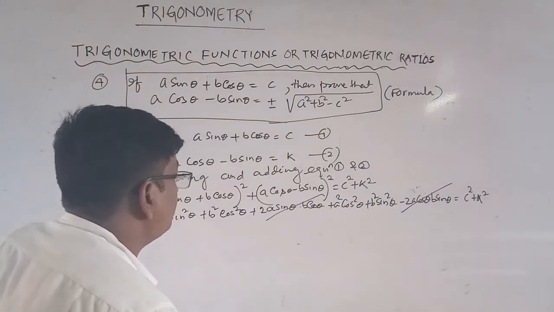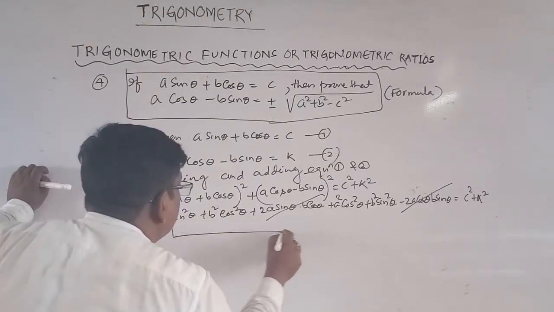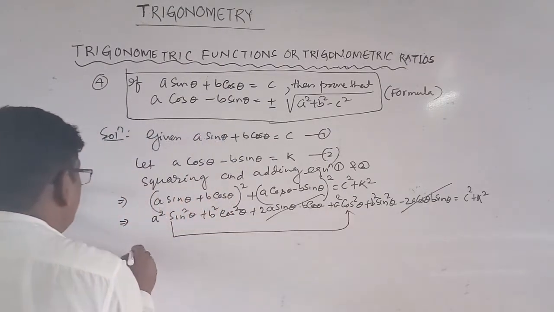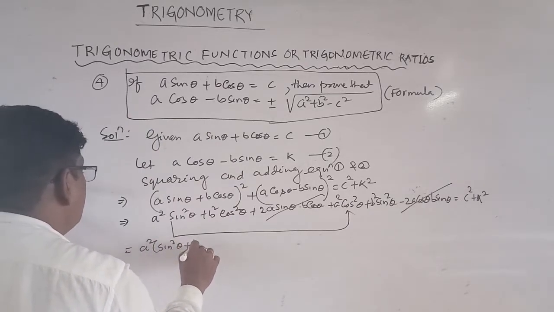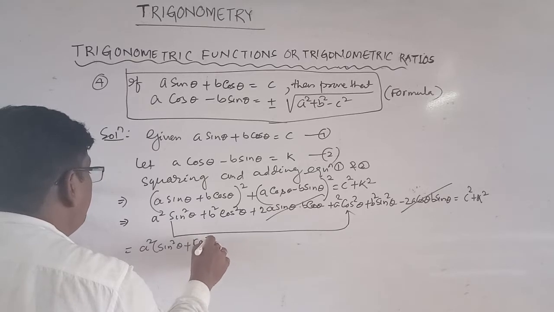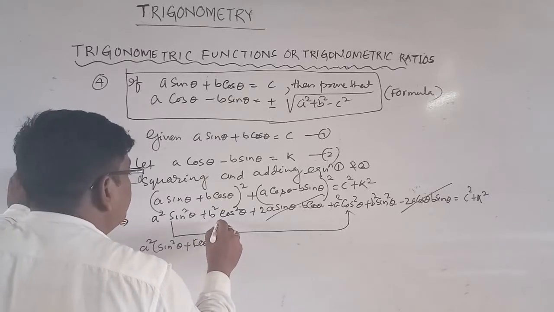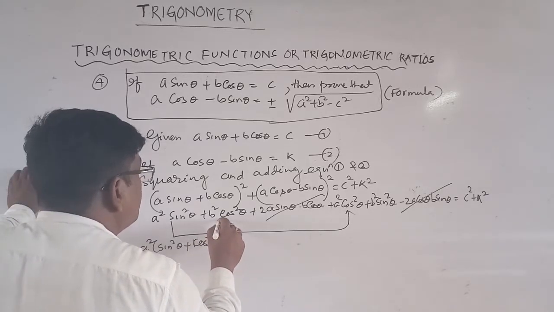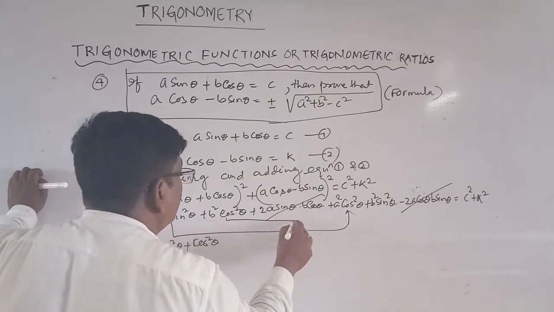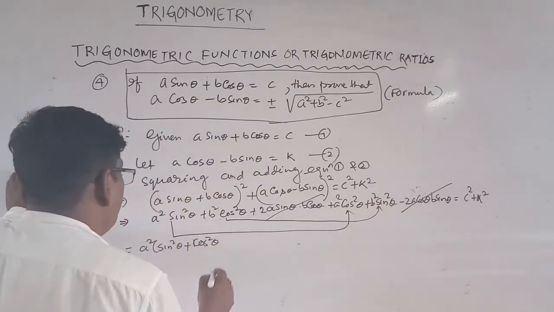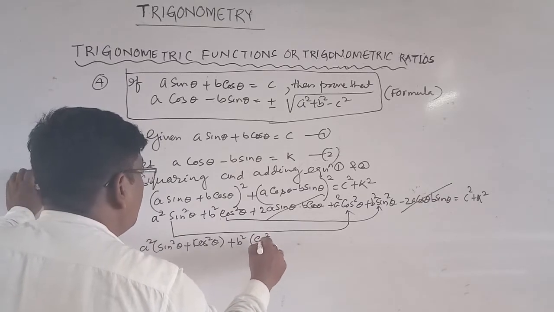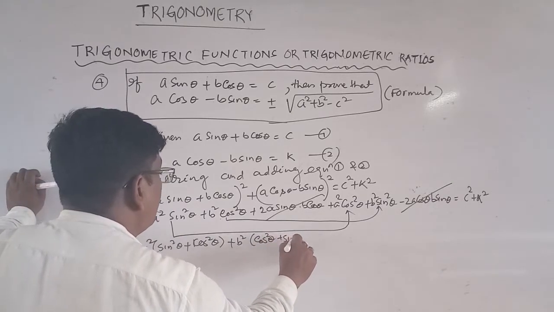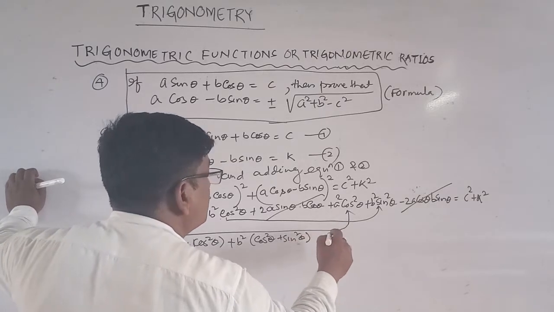Now a square sin square theta and a square cos square theta, take a square common: a square (sin square theta plus cos square theta). For the b terms, take b square common: b square (cos square theta plus sin square theta).